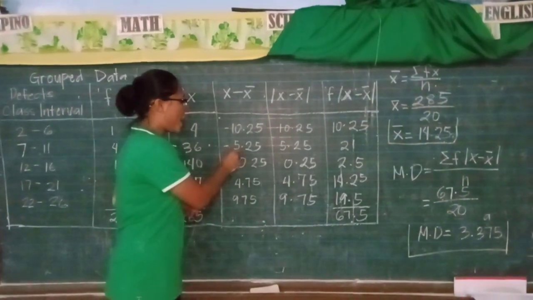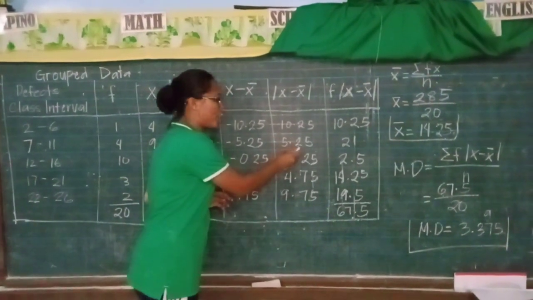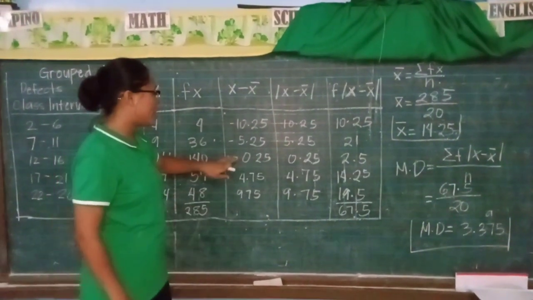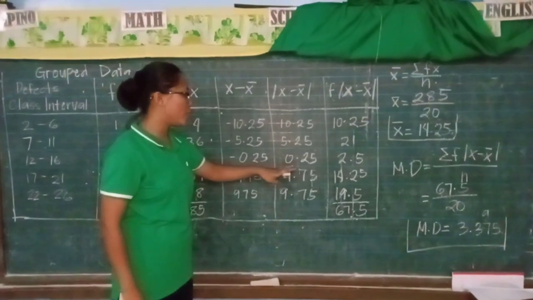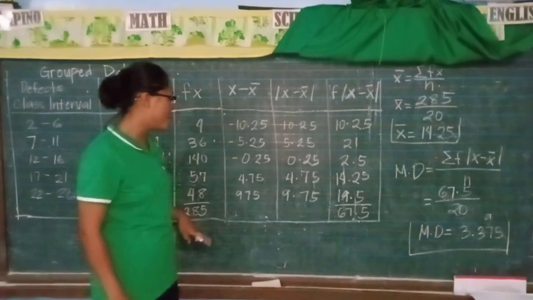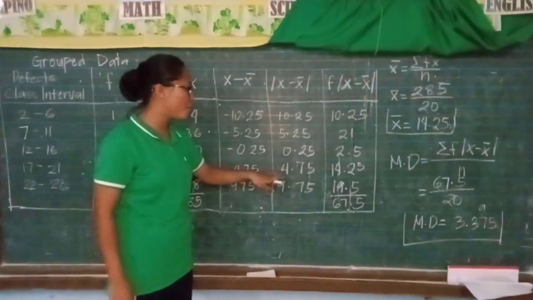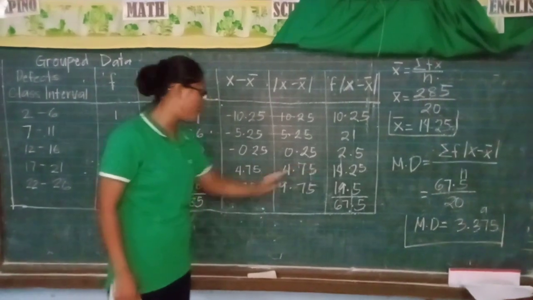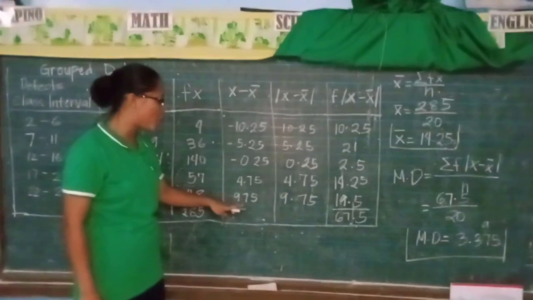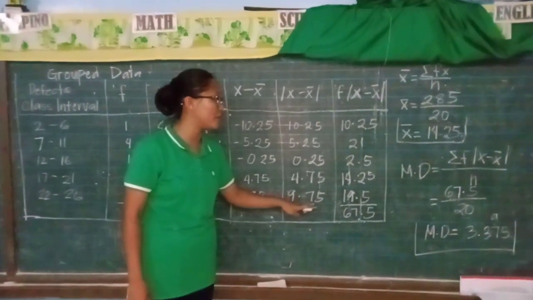Our negative 5.25 will be positive 5.25. Negative 0.25 will be positive 0.25. Positive 4.75, copy, positive 4.75. And also our 9.75 will be positive also 9.75.